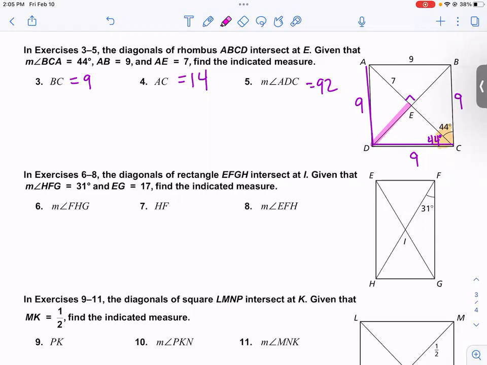We would have to use the Pythagorean theorem, because this is a right triangle. If I wanted to solve for this side right here, the hypotenuse is across from the right angle. We already know it's 9. We know one leg is 7. We're solving for another leg.